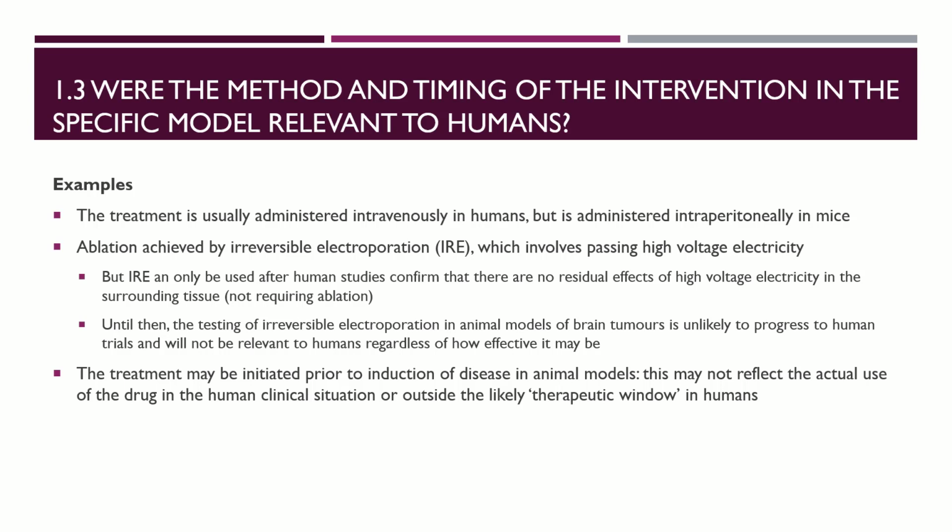You don't give the drug to humans before the disease starts, unless of course it's a prophylactic study. Here we are talking about therapeutic studies, or it is outside the likely therapeutic window in humans because the symptoms have not yet appeared.